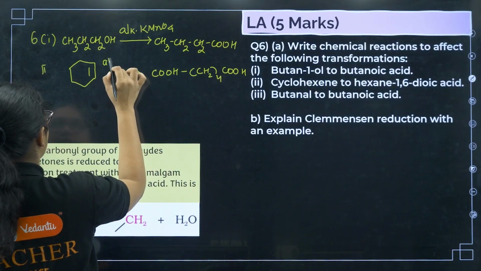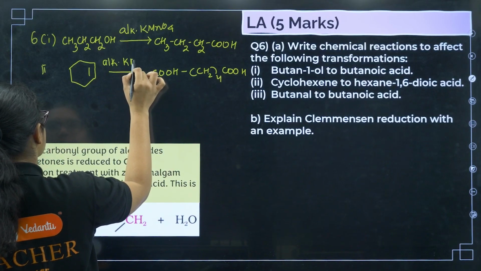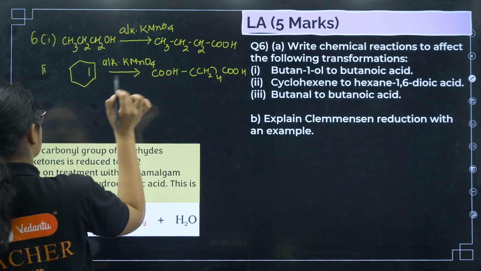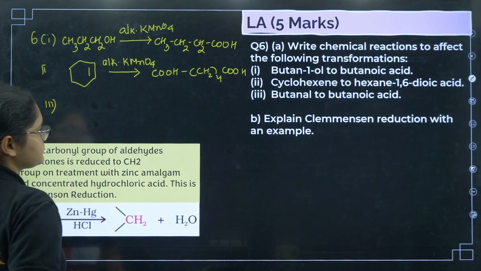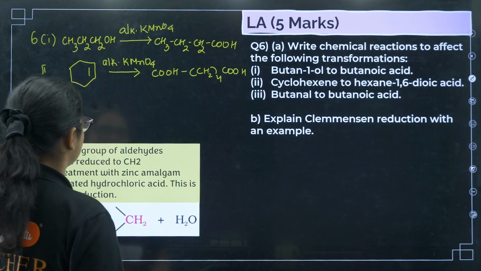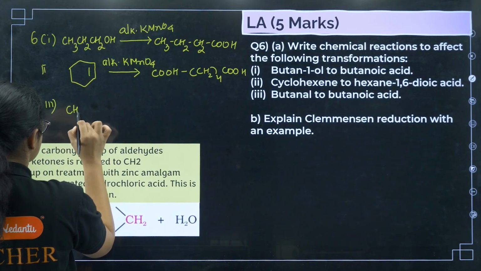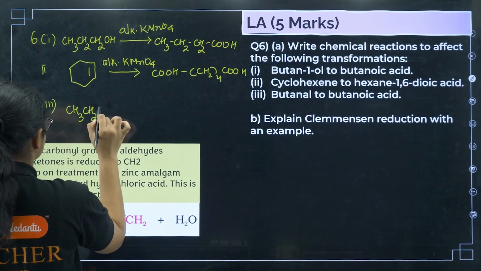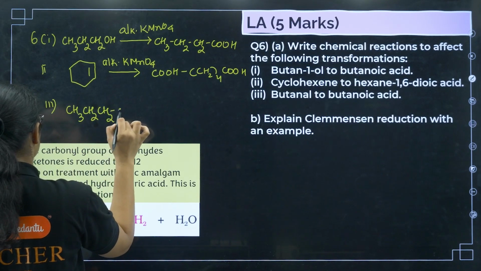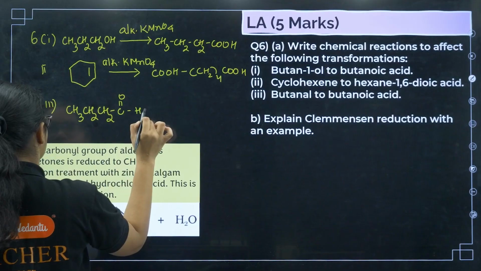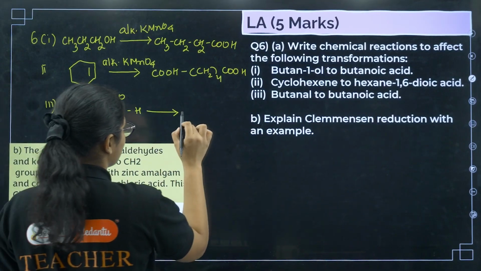This is also alkaline KMnO4. Next, the third one is butanal to butanoic acid. If I have CH3 CH2 CH2 CHO, butanal, it goes to CH3 CH2 CH2 COOH, butanoic acid.